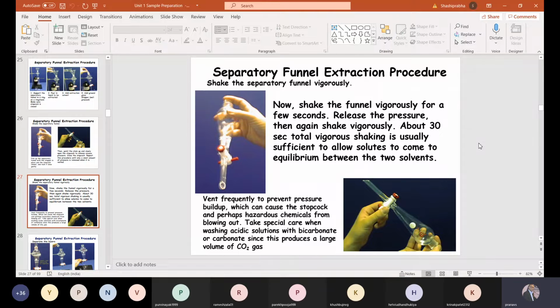But the main drawback of this separatory funnel is that, of course, you do it manually, one thing, and secondly, large volumes of organic solvents are being used here.